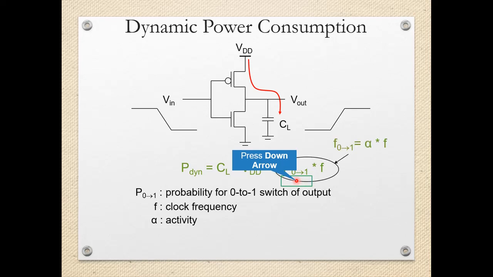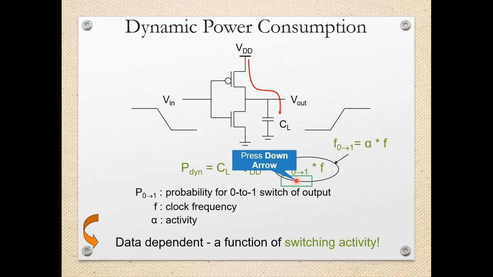So F is nothing but alpha into F, the switching frequency multiplied by the probability of 0 to 1 transition. So the dynamic power depends upon the switching activity. It is a function of switching activity.